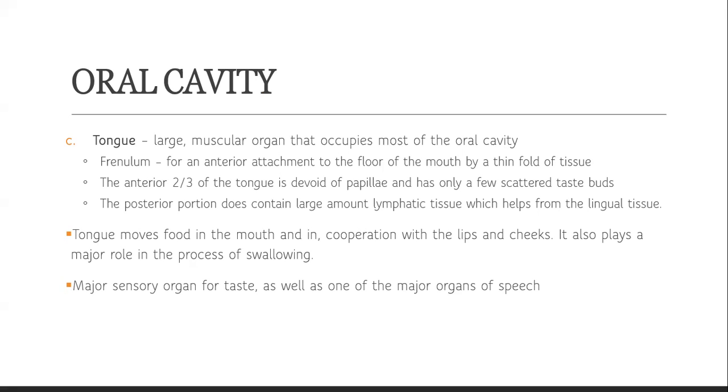The function of the tongue is to move food in the mouth in cooperation with the lips and cheeks. It also plays a major role in swallowing. Our tongue is the major sensory organ for taste as well as one of the major organs for the speech process.